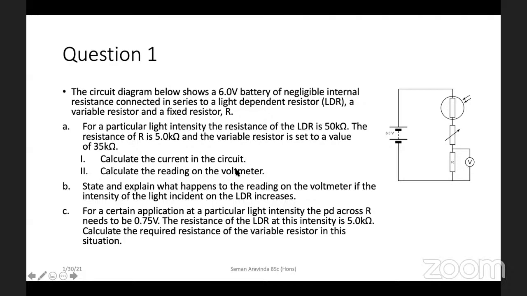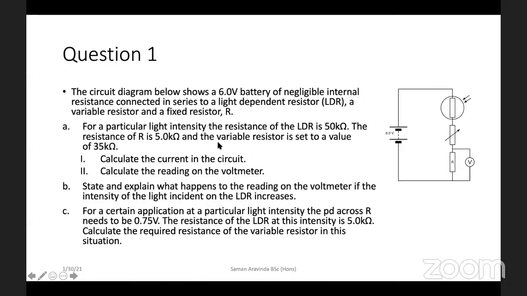Calculate the reading on the voltmeter. State and explain what happens to the reading on the voltmeter if the intensity of the light incident on the LDR increases. For a certain application at a particular light intensity, the potential difference across R needs to be 0.75 volts. The resistance of the LDR at this intensity is 5 kilo ohms.